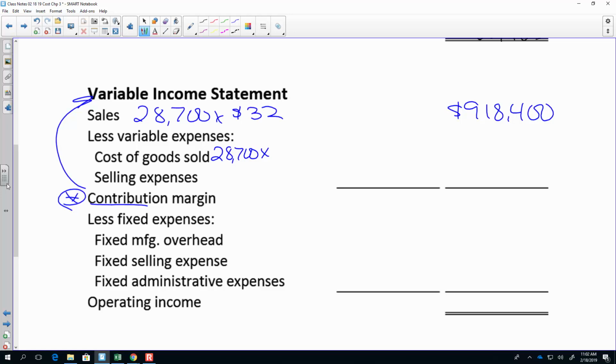The 14.35, Tom, and what do I get? 411,845. My sight and hearing are going, thank you.